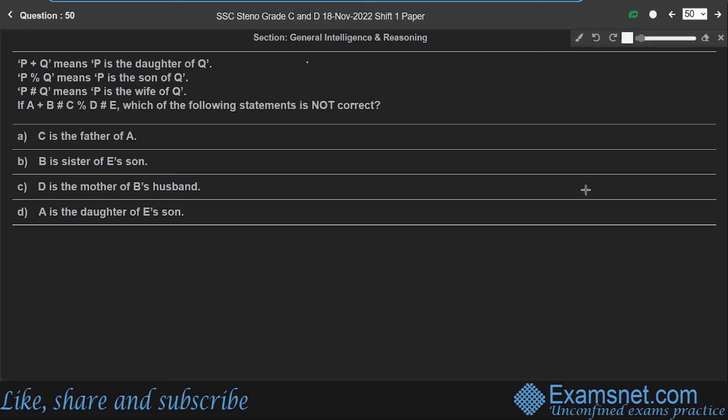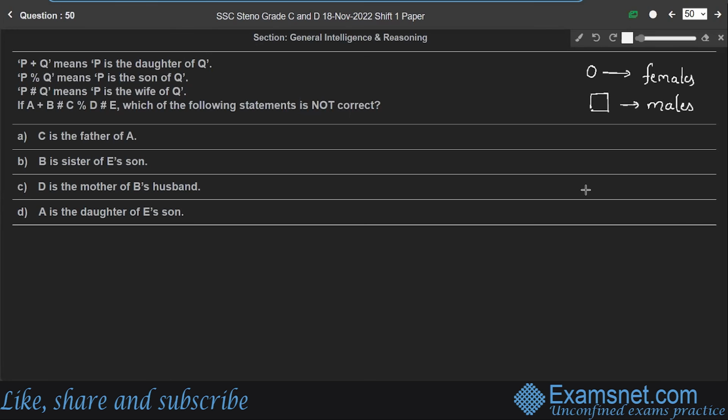Question number 50. P plus Q means P is the daughter of Q. P percentage Q means P is the son of Q. P hash Q means P is the wife of Q. If A plus B hash C percentage D hash E, which of the following statements is not true? To represent this relationship, let's use some symbols. We use a circular symbol for all females, and a square symbol for all males.